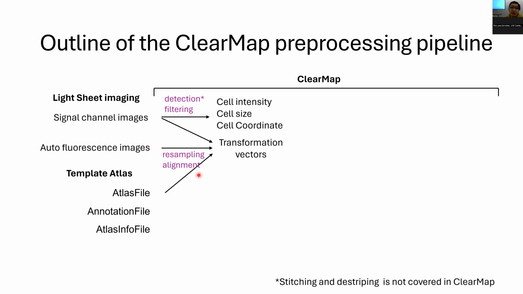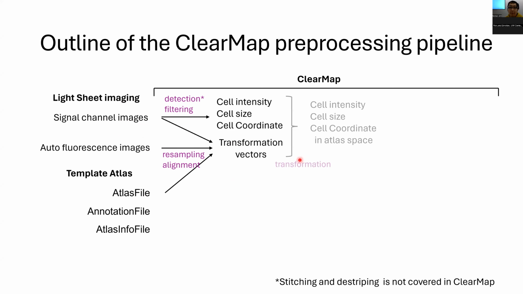So this is the alignment process. And what you will get as a result is what we call transformation vectors. These vectors will be unique and will allow you to transform a certain image or a certain shaped array into a different type of array.